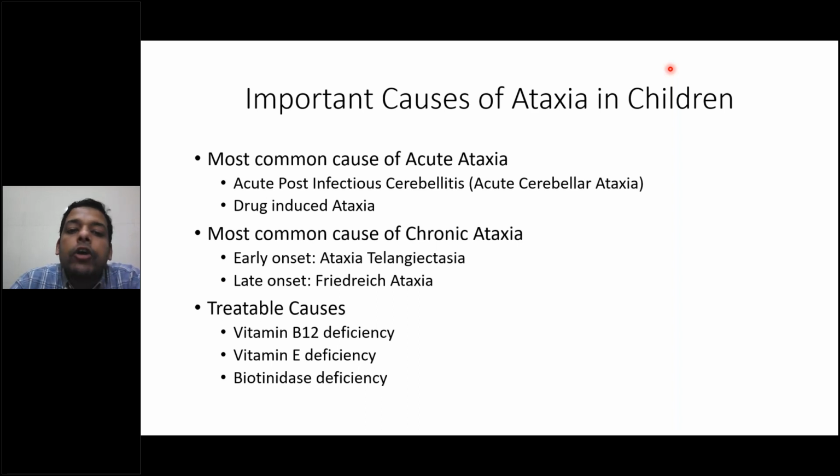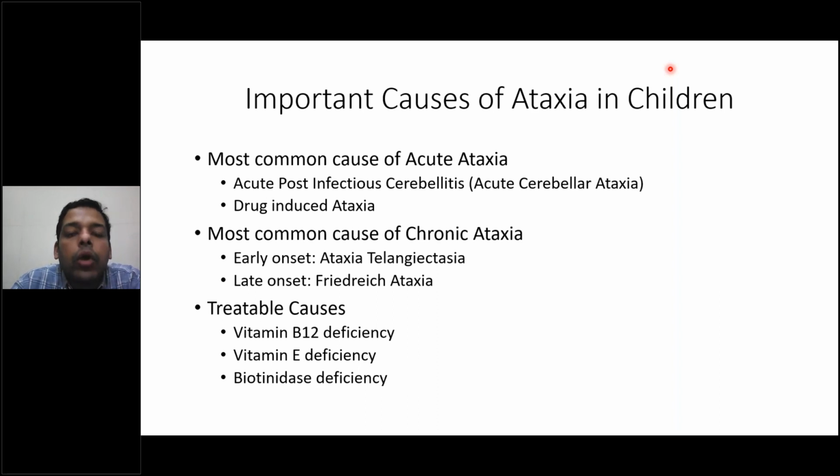The most common cause for chronic ataxia, if it is very early onset, occurring in infancy, is ataxia telangiectasia. If it is late onset, usually occurring at 10 to 15 years of age, that is Friedreich's ataxia.